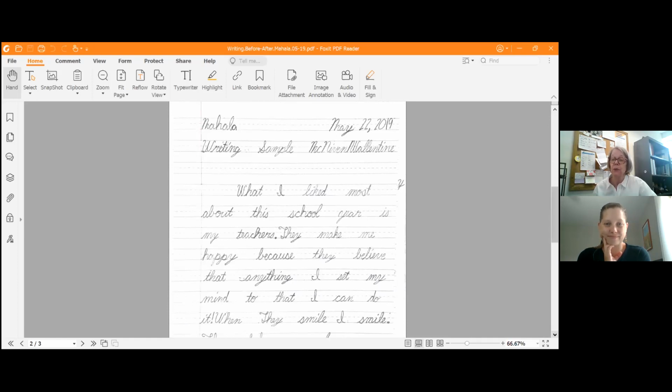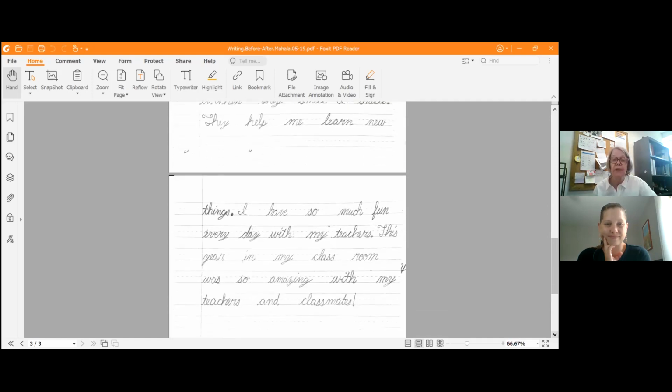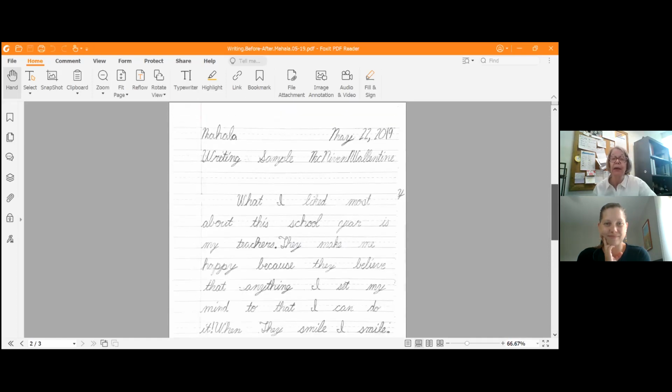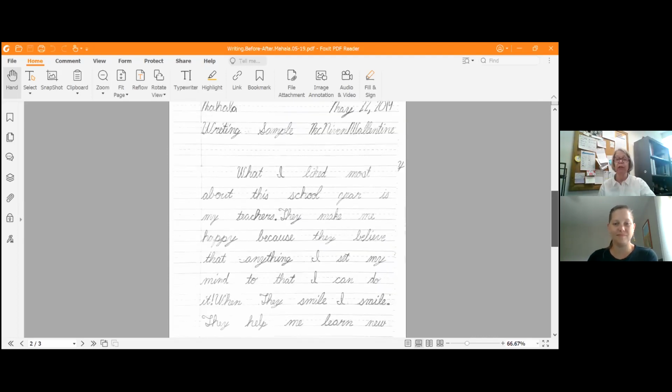And if you read through that, you find, with a concluding sentence there, talking about what I like best about the school year is my teachers. I mean, that's an amazing transformation. And you see that in students who, if you give them the benefit of explicit instruction, they will learn.